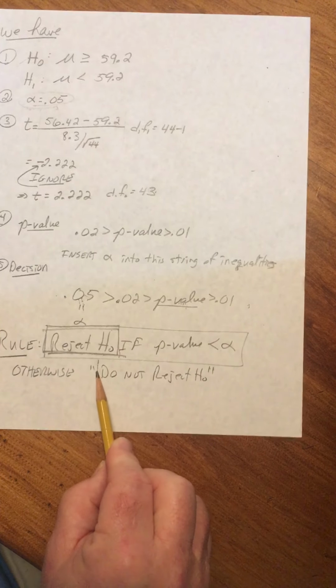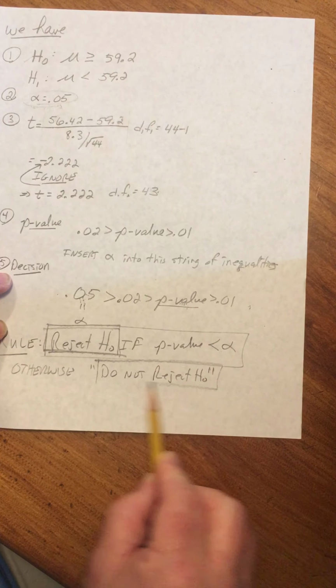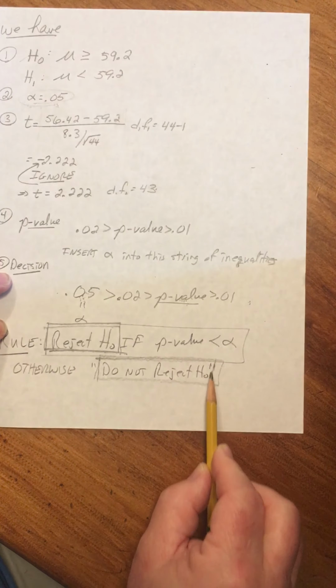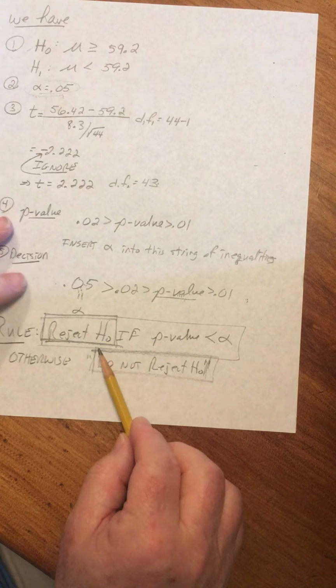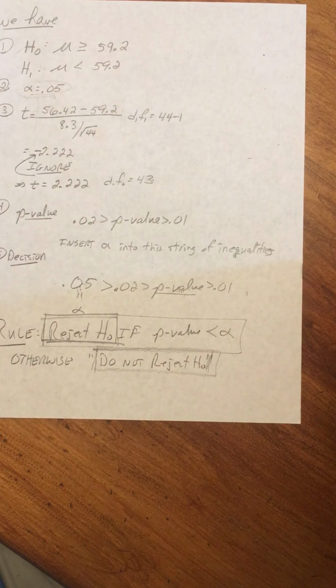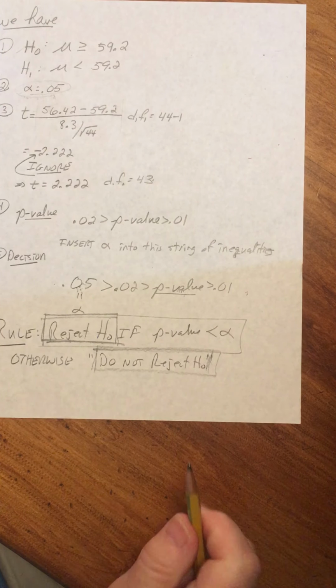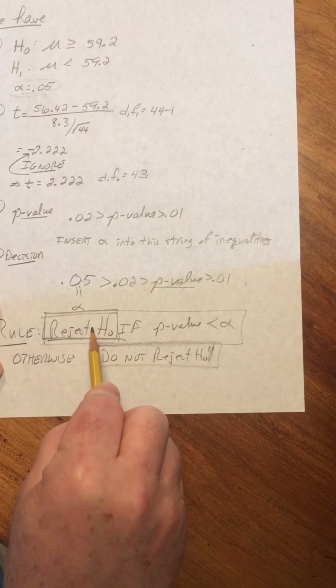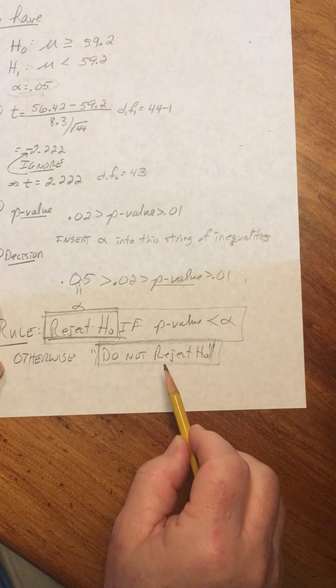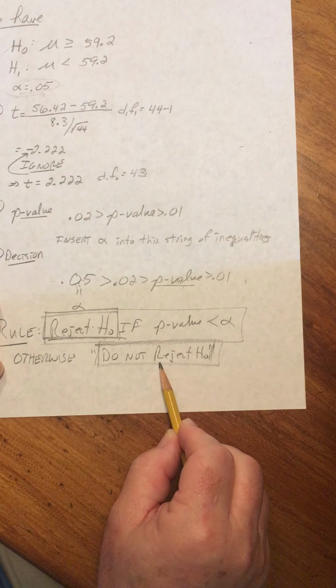The other is do not reject H0. If you ever write the word accept, it is wrong. The only two things you'll write is either reject null hypothesis or do not reject null hypothesis.